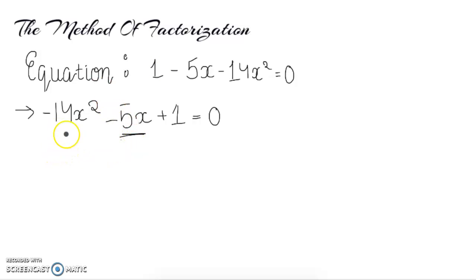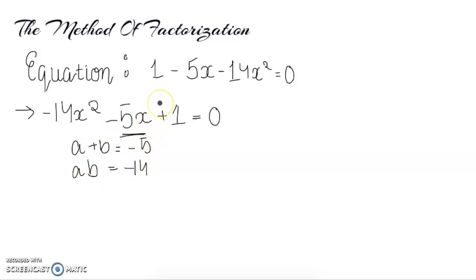To do that, we take two variables, suppose a and b, and say that the sum of a and b is equal to minus 5, and the product of a and b is equal to minus 14.